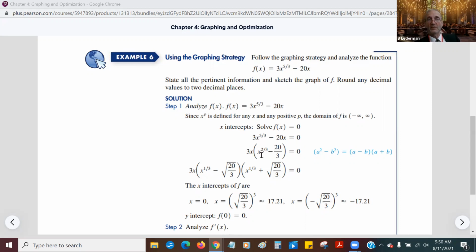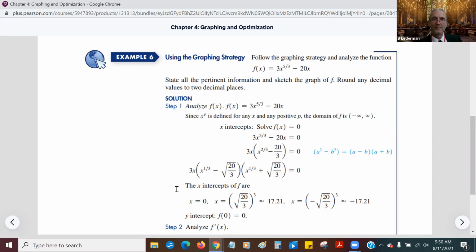Now this x to the 2/3 is really a square because it's x to the 1/3 squared. So this is kind of like the difference of two squares, even though 20/3 is not a perfect square, but we're going to use square root stuff. So this factors into 3x times x to the 1/3 minus square root of 20/3 times x to the 1/3 plus root 20/3, and we set that equal to 0.